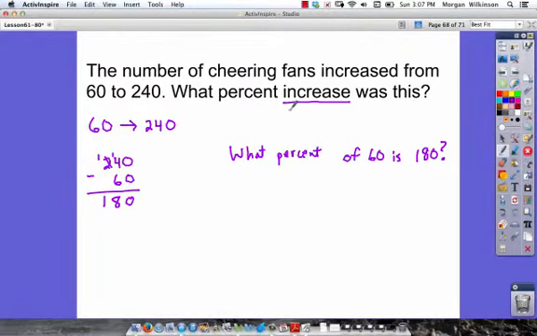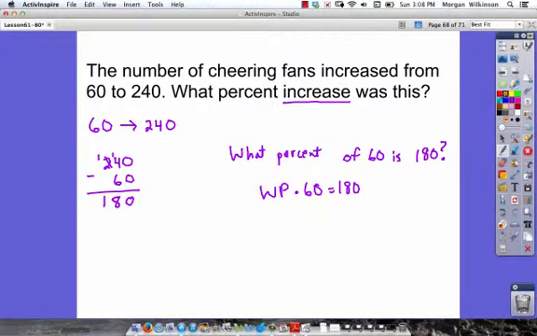Because we want the percent increase, we want to know what percent of 60 is 180. So we can solve. What percent times 60 is 180? Well, this makes sense because if we have what percent of 60 to get a bigger number, our percent is going to have to be greater than 100%. It will tell us the percent increase.